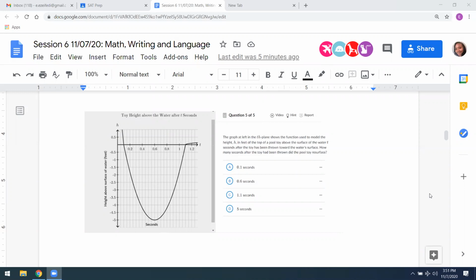Yes. So it says that it was thrown into the surface and then it went underwater. So the curve at the bottom is it going under the water surface, and then it resurfaces towards the end of the graph. So that would be at 1.1, which is why I chose C. Simple and to the point. Yeah. Thank you.